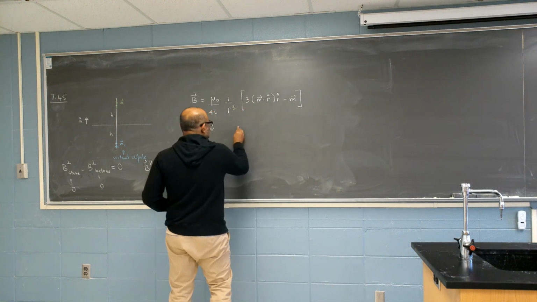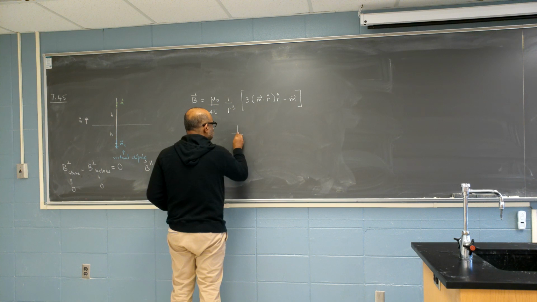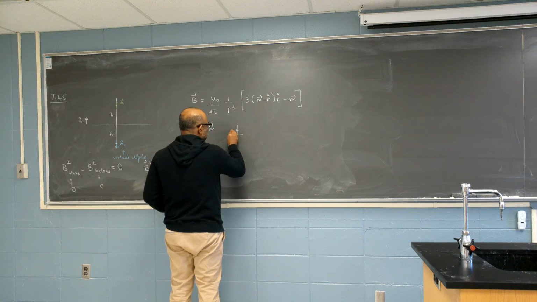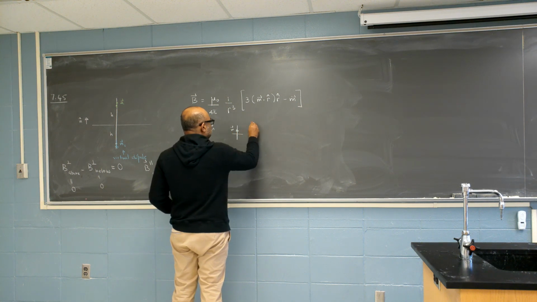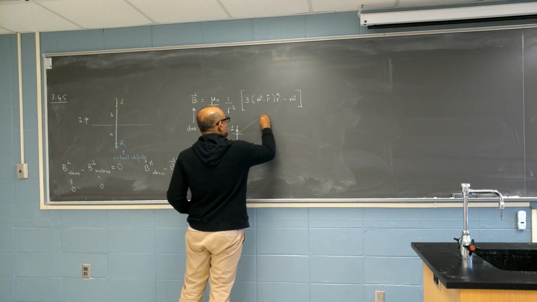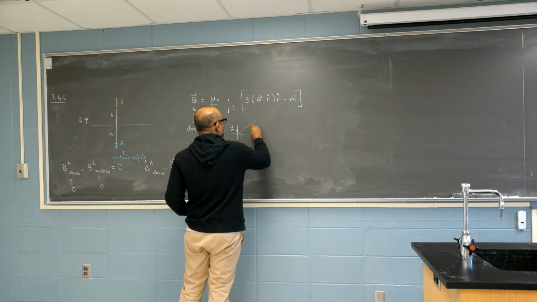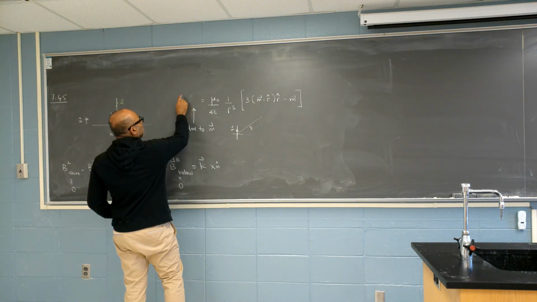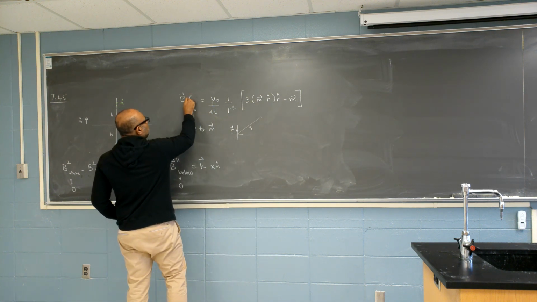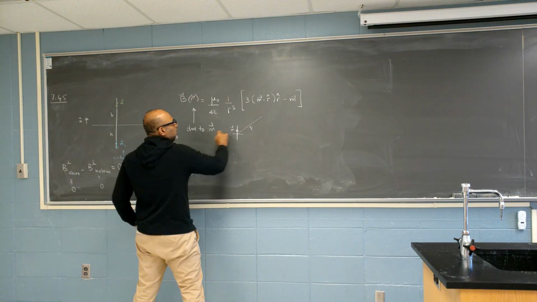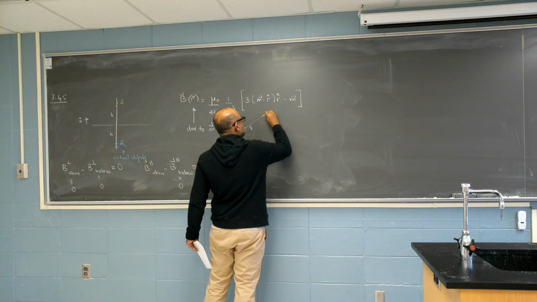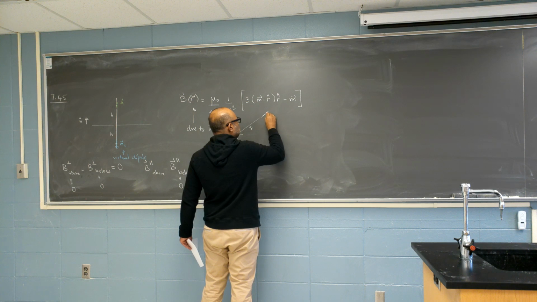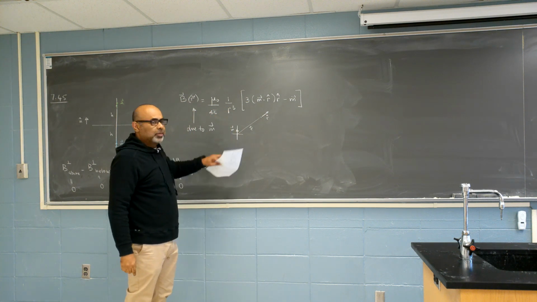And the diagram here is, if this is M, whether it's plus or minus, and you're computing the field somewhere over here at the point R. So this r hat means the unit vector from where the dipole is located.